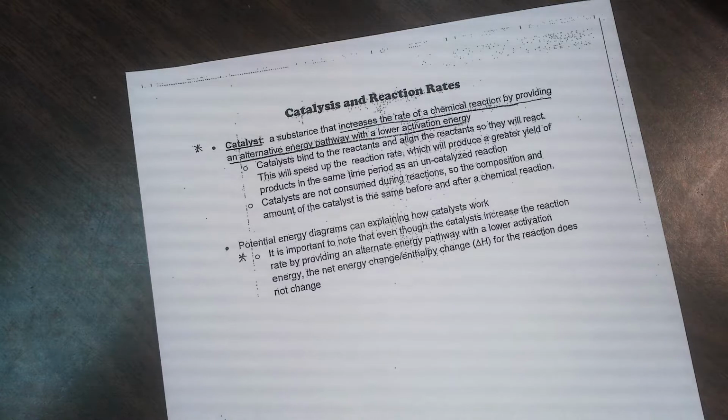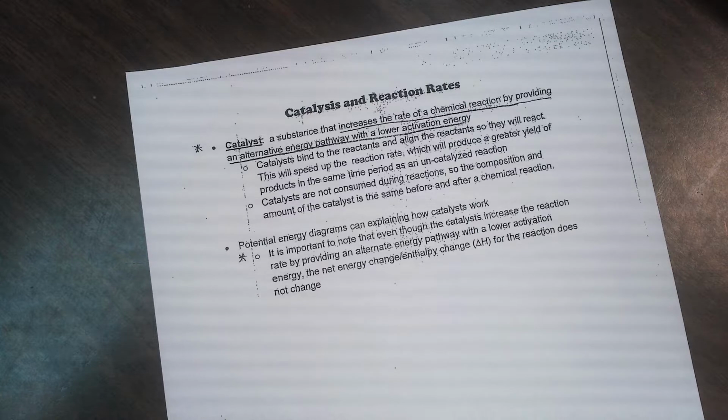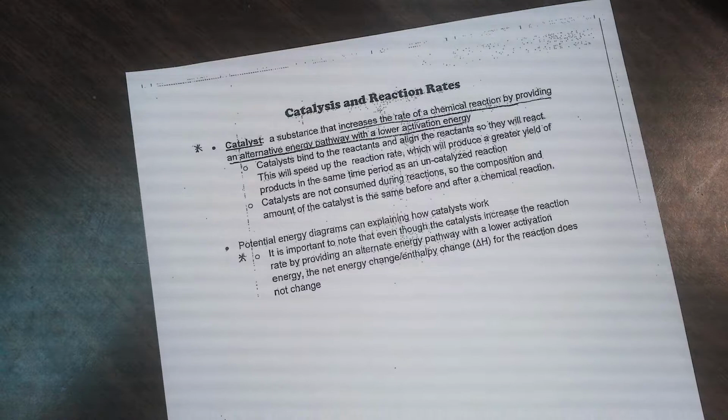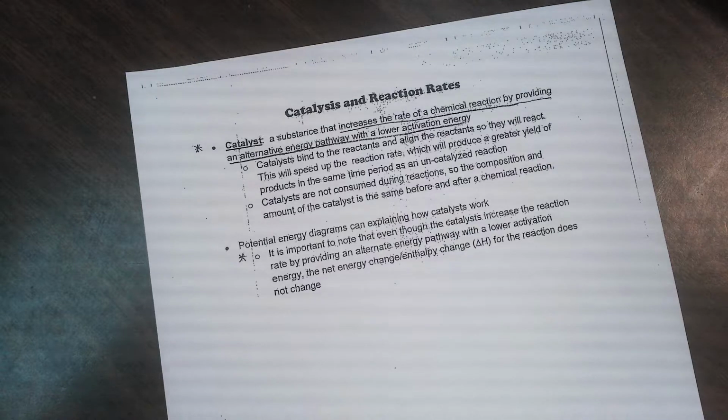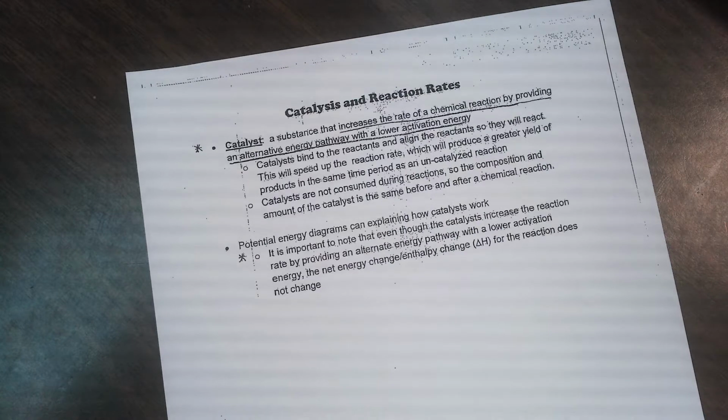Especially when we're looking at endothermic reactions, where it requires energy for that reaction to go in the forward direction, oftentimes that is an increase in cost. It's not cost effective. That's the word I'm looking for.